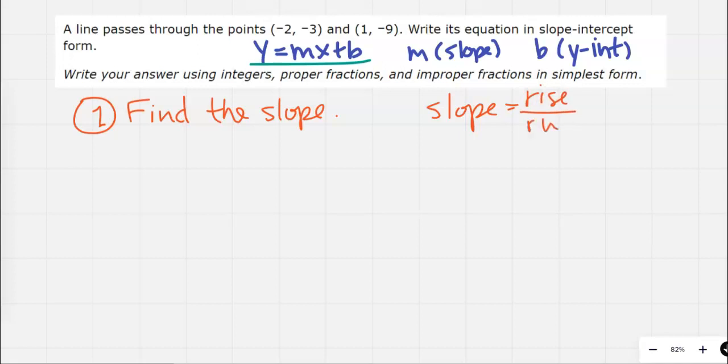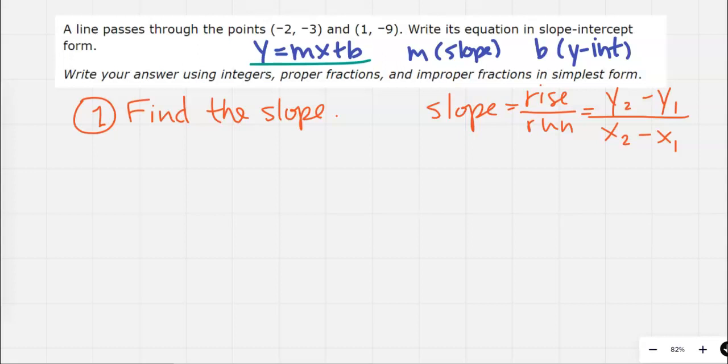The other way that you'll see it, in actual let's-plug-in-values form, is y2 minus y1 over x2 minus x1. Because the rise is the change in the y value between your coordinates, and the run is moving left to right, hence the difference between the x coordinates.